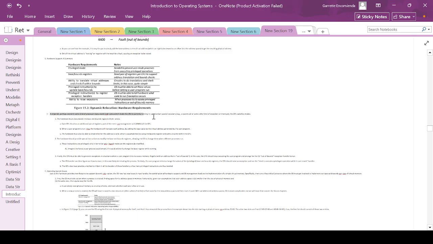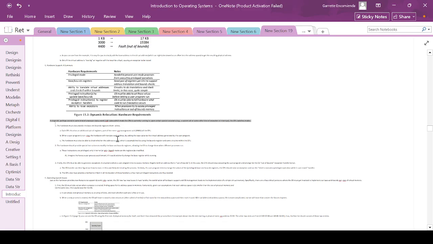A single bit, perhaps stored in some kind of processor status word, indicates which mode the CPU is currently running in.